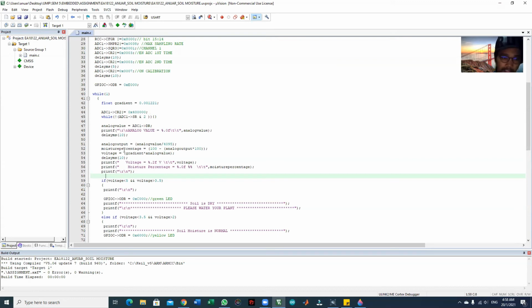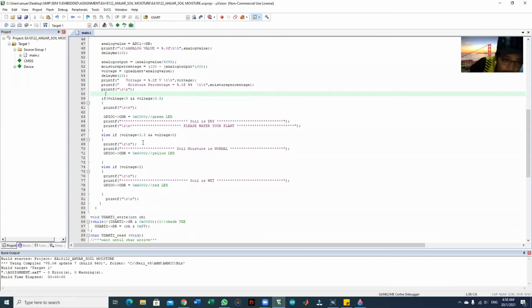Then I get the moisture percentage, and all three data, which are analog value, voltage, and moisture percentage, will be displayed on the serial monitor. And we have the conditions here: if the voltage is less than 5 volts and more than 3.5 volts, that means the soil is dry. And we have a message here: please water your plant, and the red LED will be displayed.